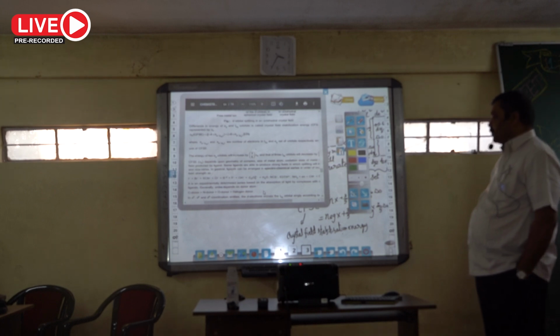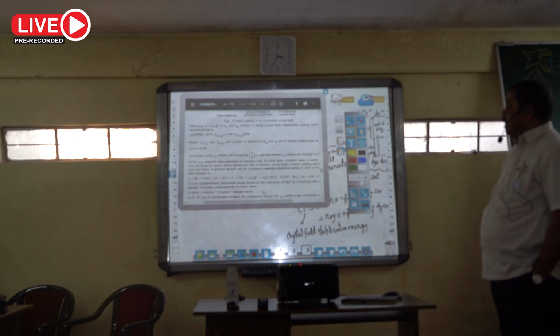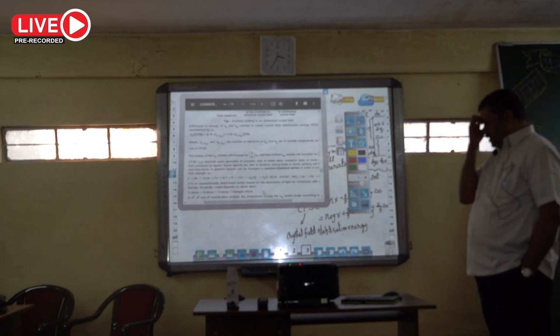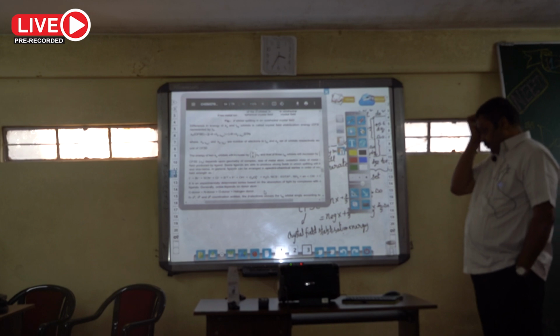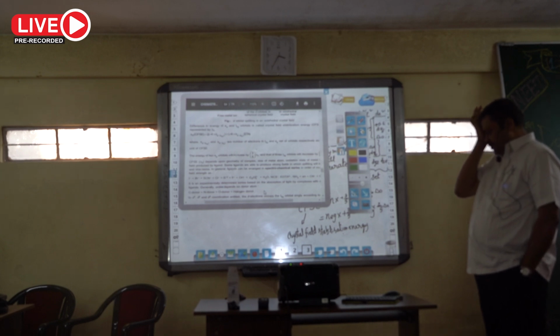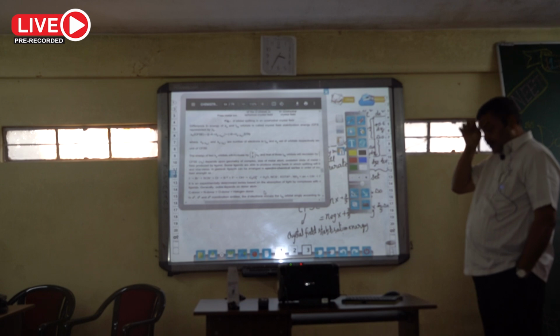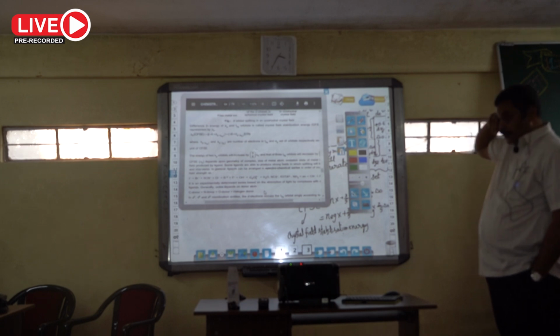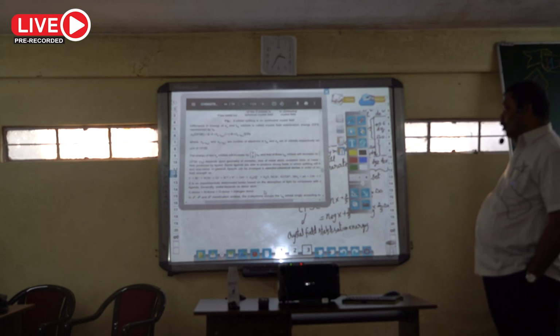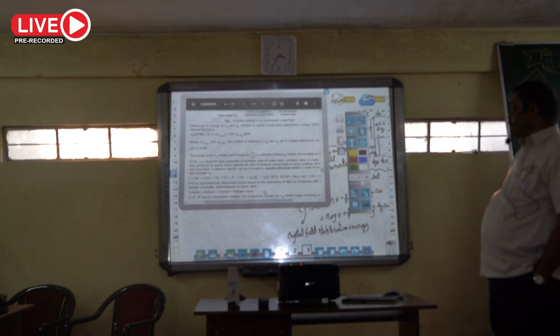Number three, size of the metal atom or ion. Number four, strength of the ligand field.